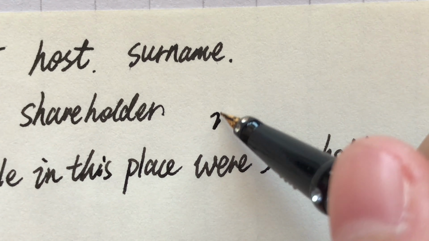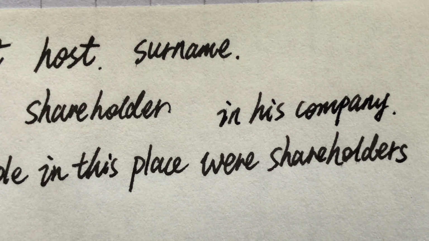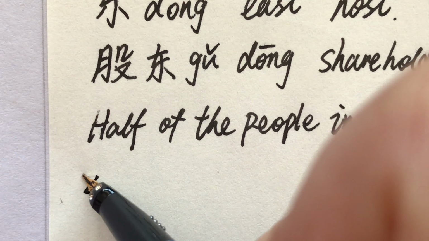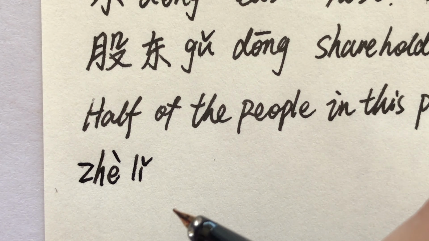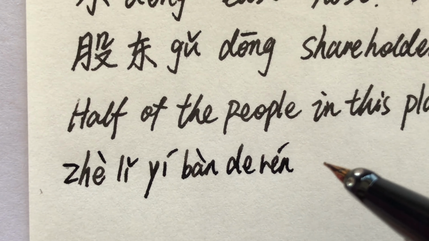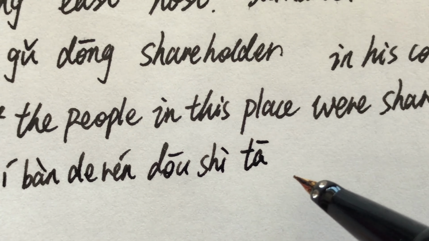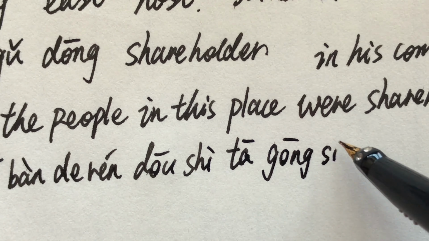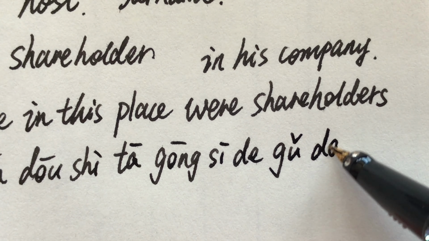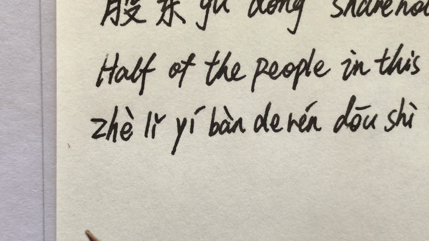In his company. 这里一半的人都是他公司的股东。这里一半的人 half of the people in this place.